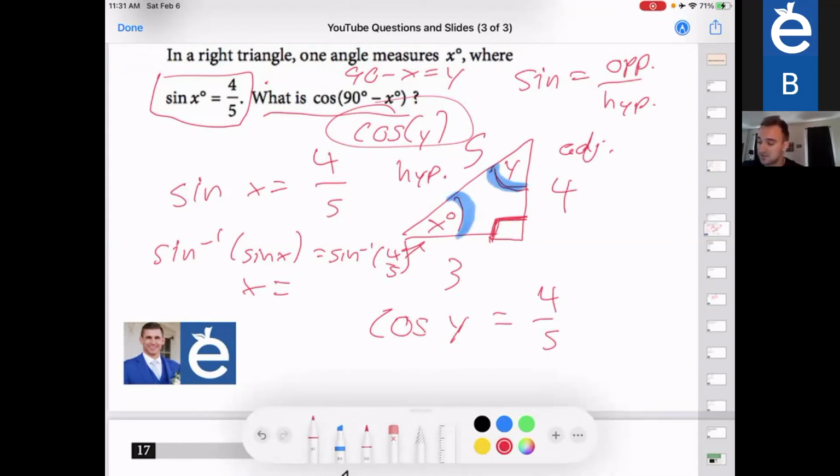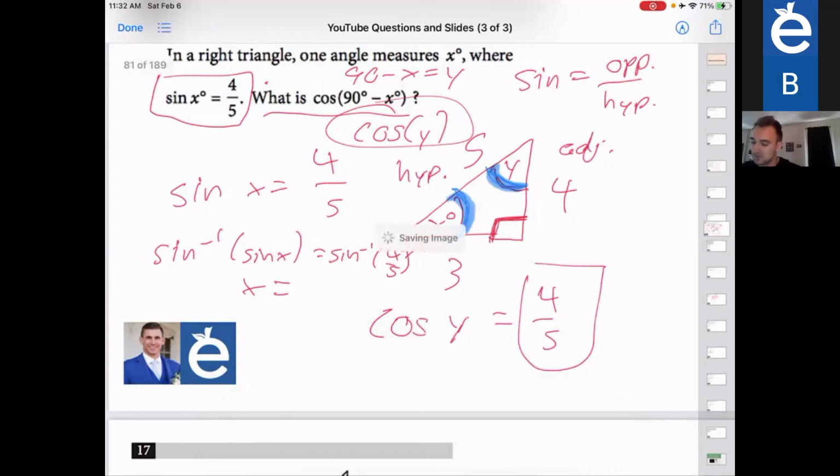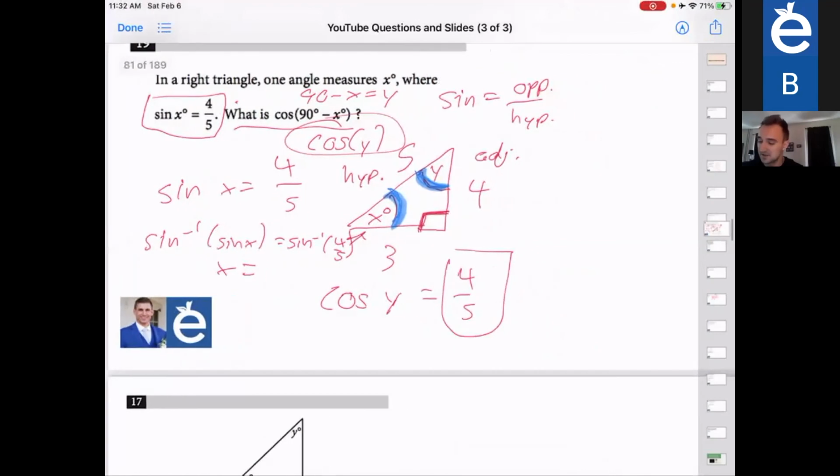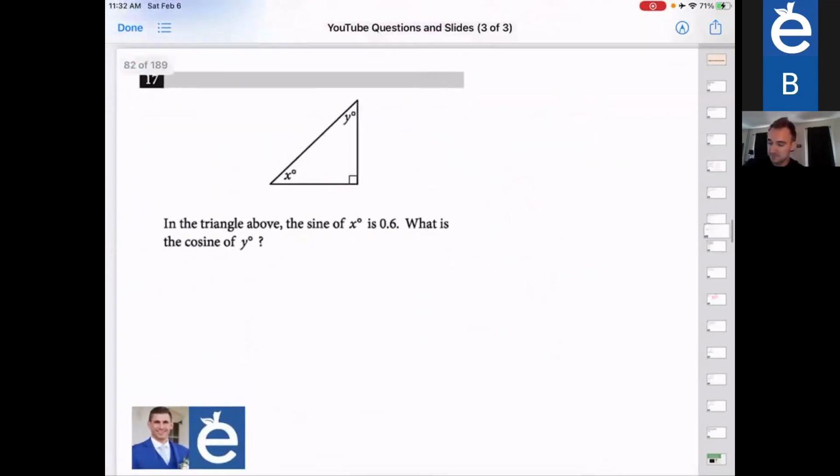If the sine of this angle x was 4/5, then the cosine of this angle is also 4/5. So that's my answer, 4/5. That's a good problem though. Lots of trig flexibility. You've got to be able to think about trig in a few different ways.